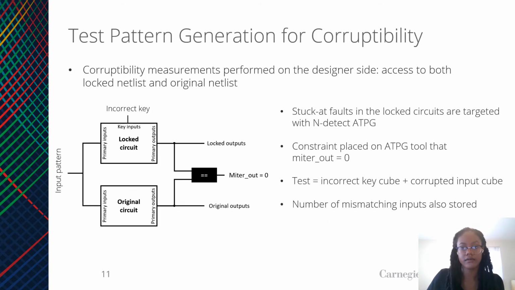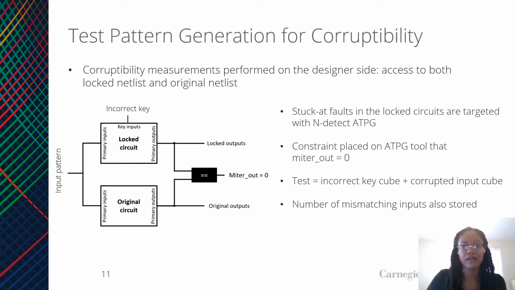Corruptibility measurements are performed on the designer side, so it's assumed that the designer has access to the locked netlist and the original netlist. These two netlists are used to construct the miter circuit, where both the locked netlist and original netlist have the same primary inputs, and the locked netlist also has a set of key inputs. The output of the miter circuit, miter out, is 0 if the outputs of the locked netlist and the original netlist disagree.